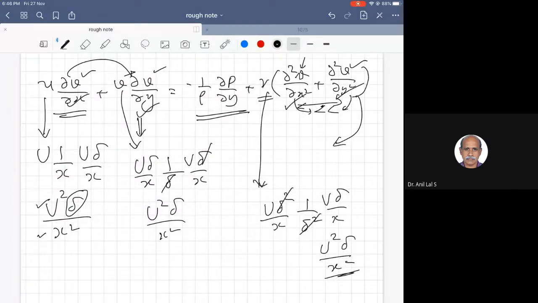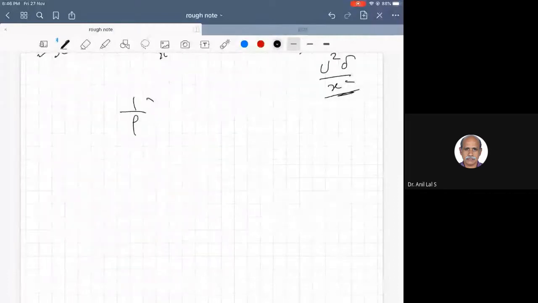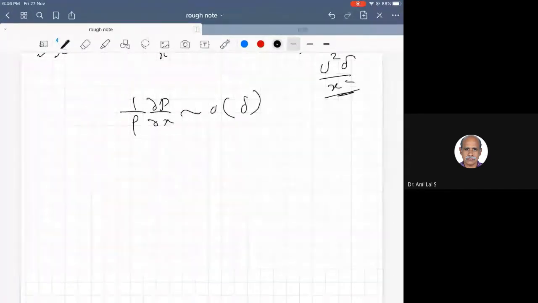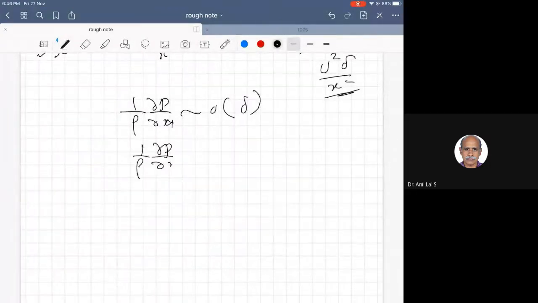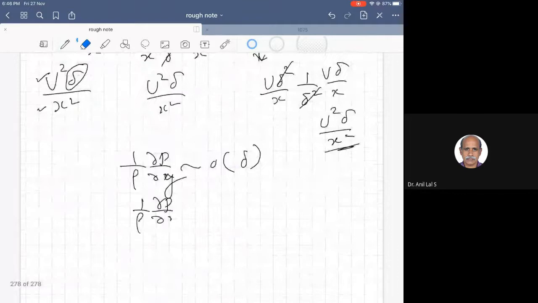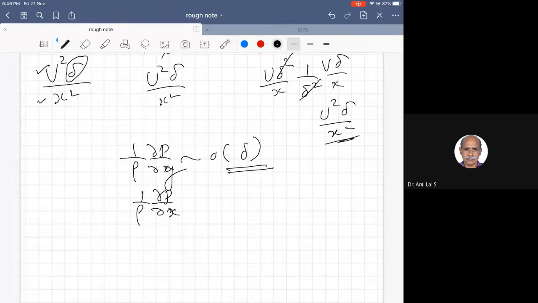The conclusion from the Prandtl boundary layer theory is that the 1 by rho dou p by dou y is of the order of delta, a small value compared to dou p by dou x. Dou p by dou y is a very small quantity, like that of the boundary layer thickness, compared to dou p by dou x.